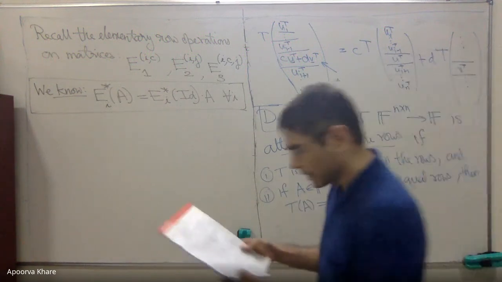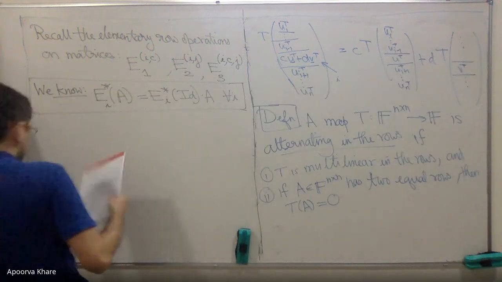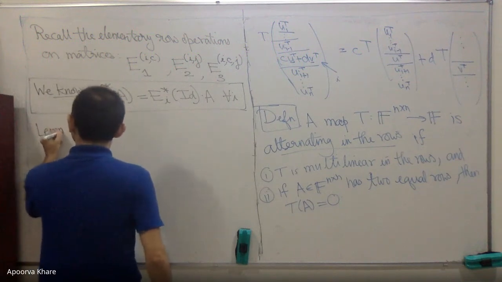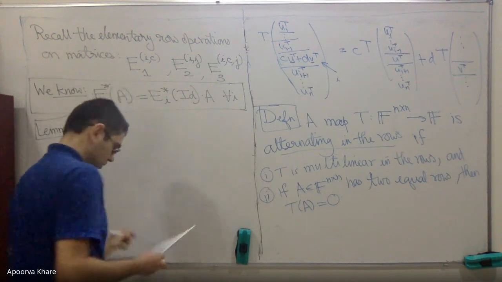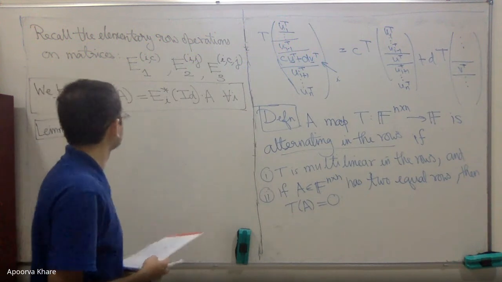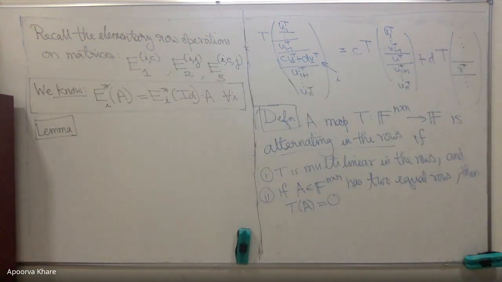So now let me write down the lemma. Maybe I should first remind you of the row operations, and the fact that E_I star of A is E_I star of identity times A. Okay, so now the lemma is the following.